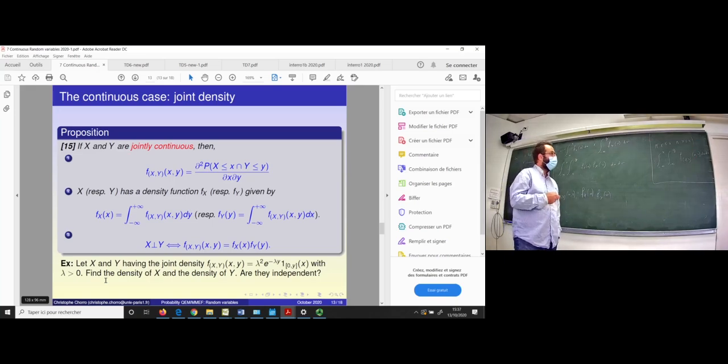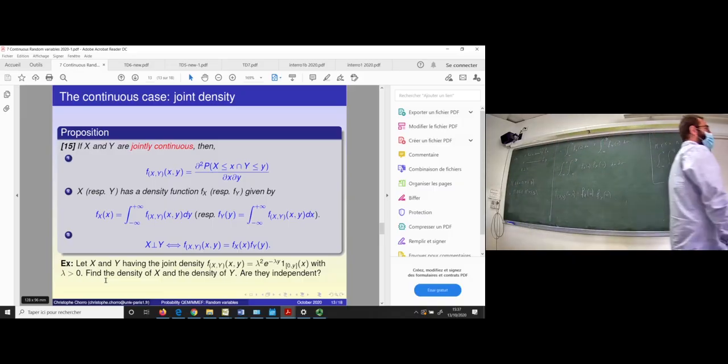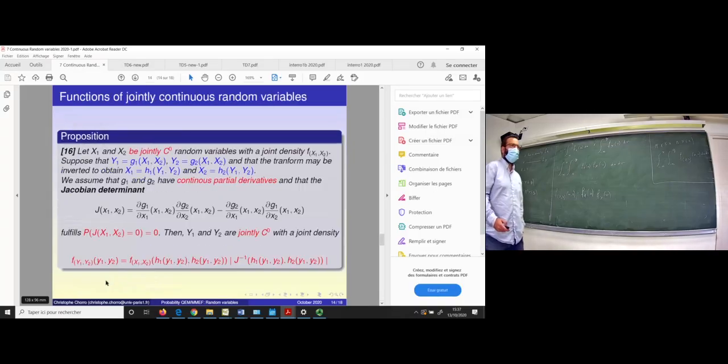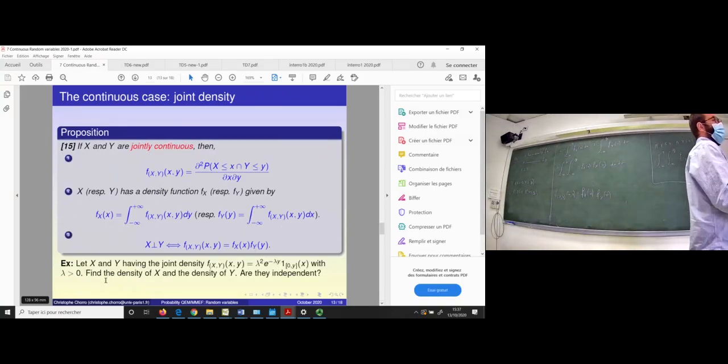So if this equality is true, and if I give you a particular form for this term here, you will be sure to obtain the joint density function of the pair (X,Y) if you compute a second derivative, with respect to x first and with respect to y.